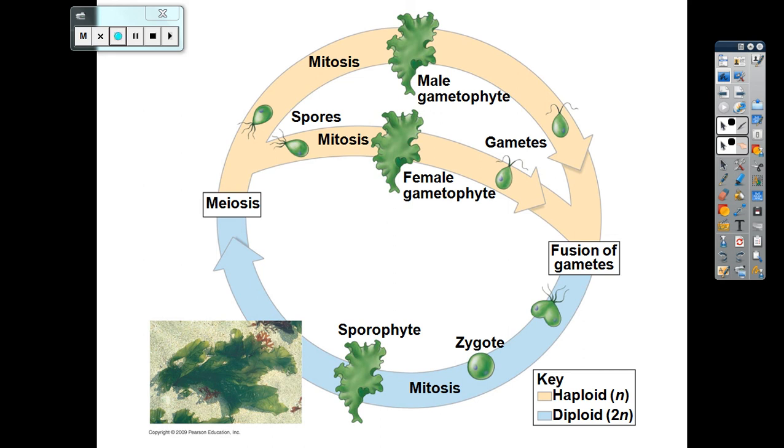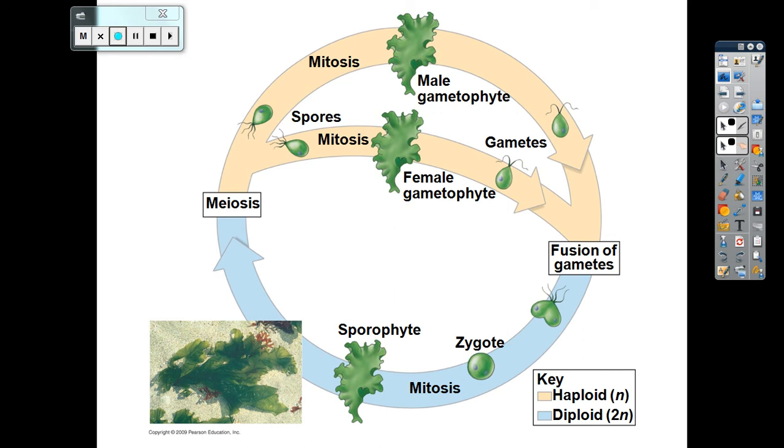So when that happens, each one of these spores formed through meiosis settles into the bottom of the ocean, or whatever body of water we're talking about, and grows into an entire organism. Since the spore is haploid, the whole organism is haploid. It's weird, right? We have these haploid organisms that in this case look just like the diploid version.